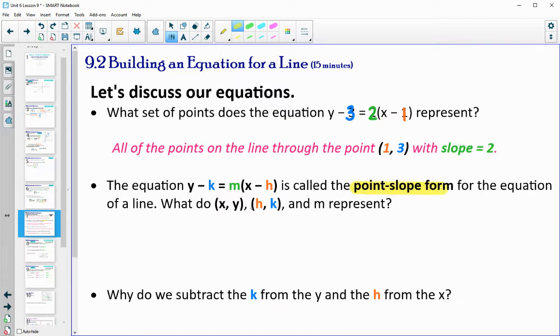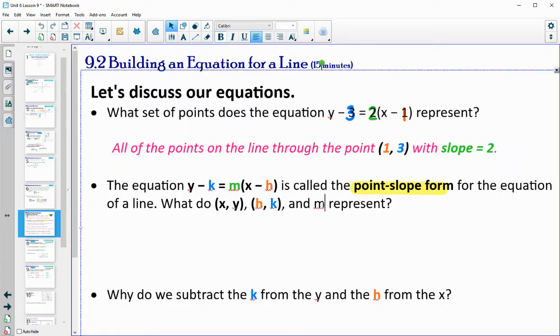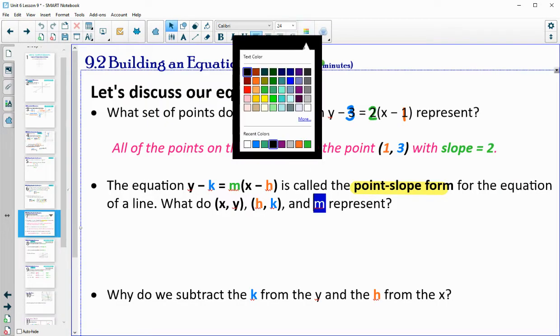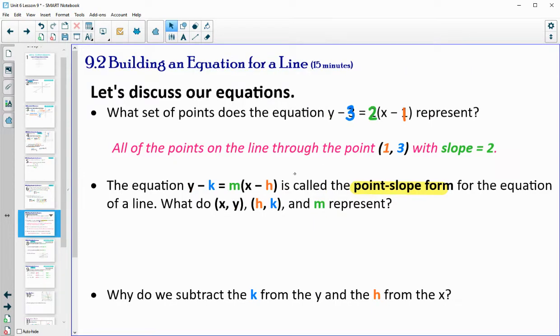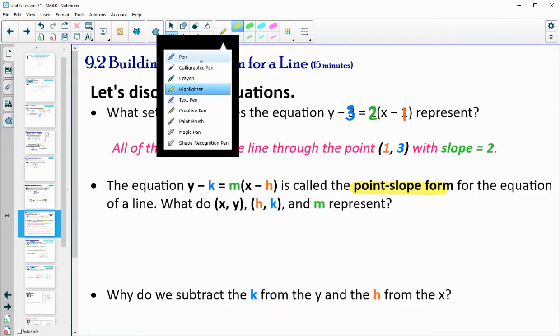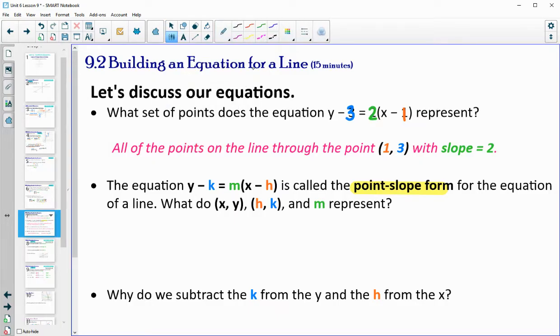What do x, y, h, k, and m represent? So what do those different things represent? Remember, (h, k) is a specific point that we know. This point (h, k), we know is on the line.